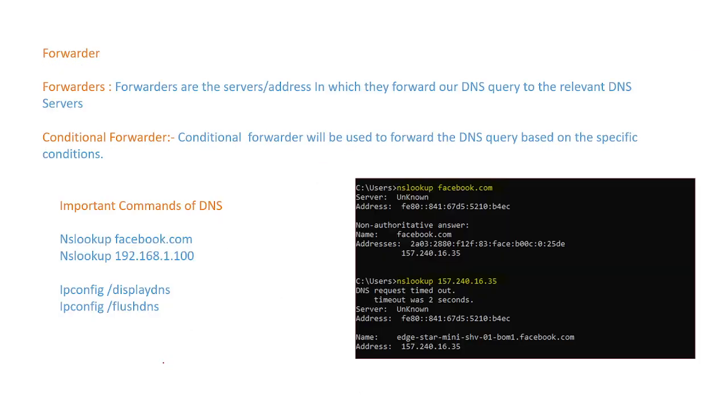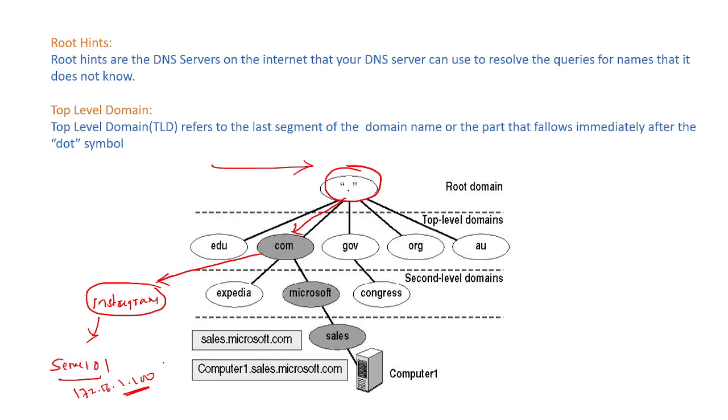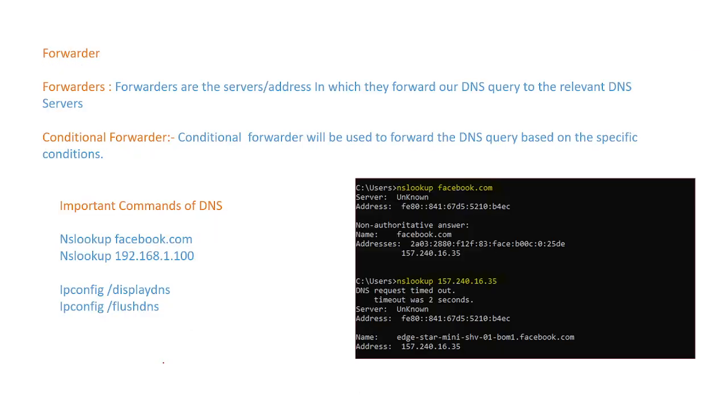The same thing here, forwarder. Forwarder means the person who forwards the query to the internet world. I was explaining here .com, correct? So to forward my query for instagram.com to the dot, I need a forwarder. The forwarders are nothing but the DNS servers of Google or any other service provider.